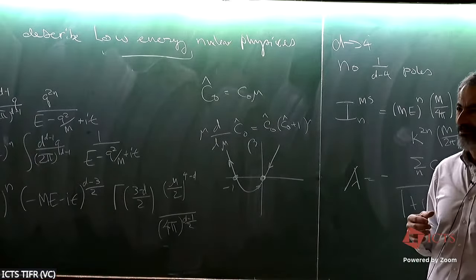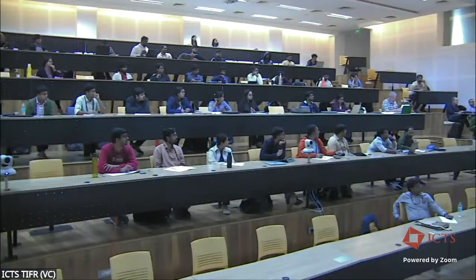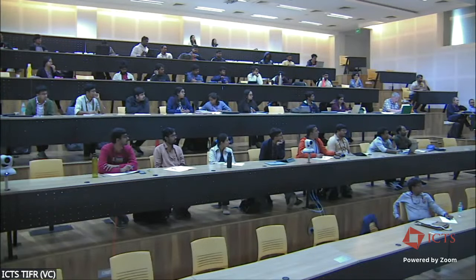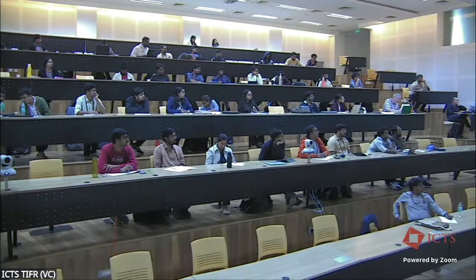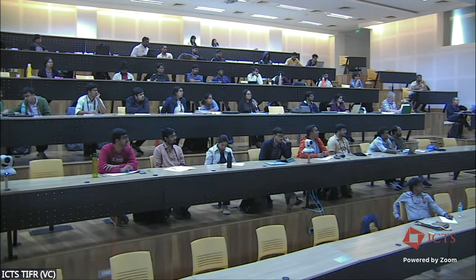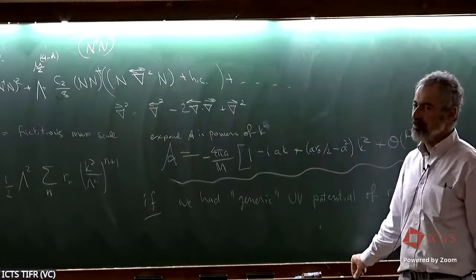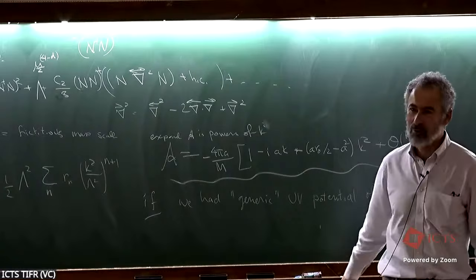He's asking about the six-point vertex, N dagger N cube. Yes, if you want to talk about three-body physics, then you have to include those, and those are going to be outside the scope of my lectures. I'm going to be talking more about the effective field theory.